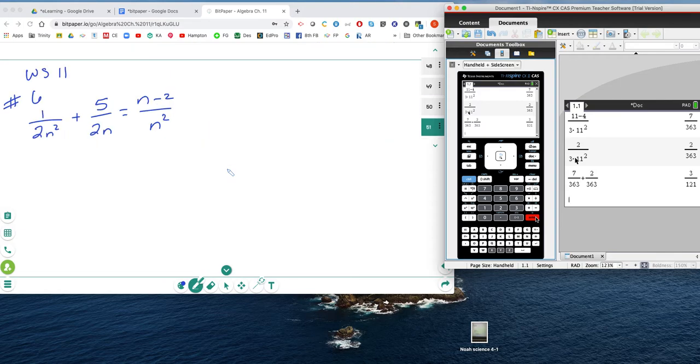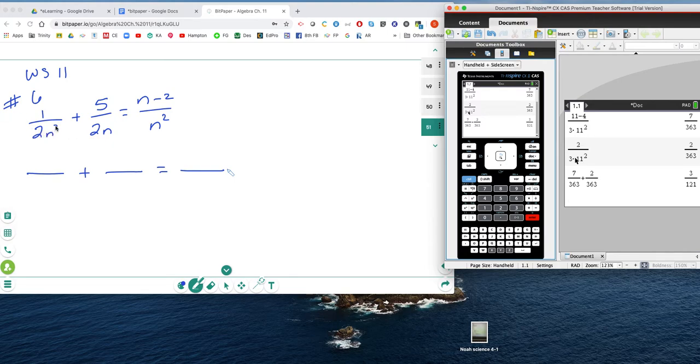So the next one is already set equal. We have our addition sign on the left. So what we're going to do is look for our denominators. We're going to take a line plus line equals line. The very first thing we look for is the variable.